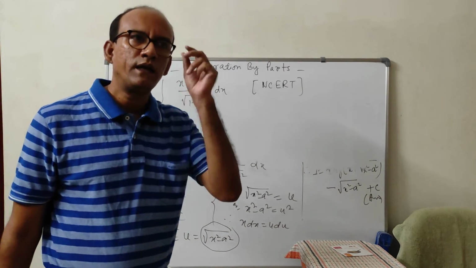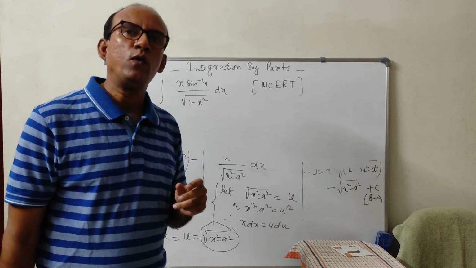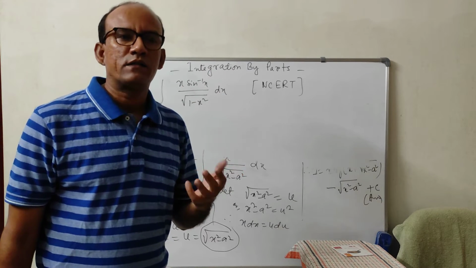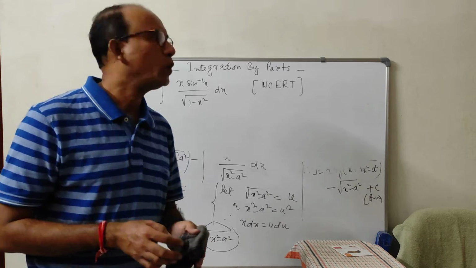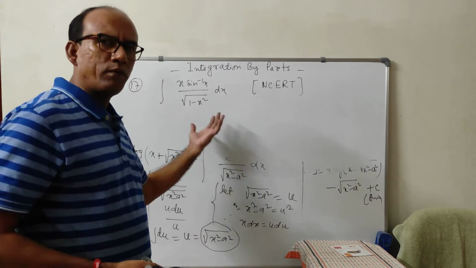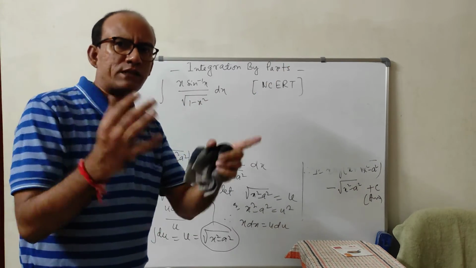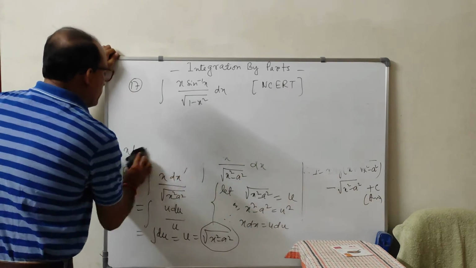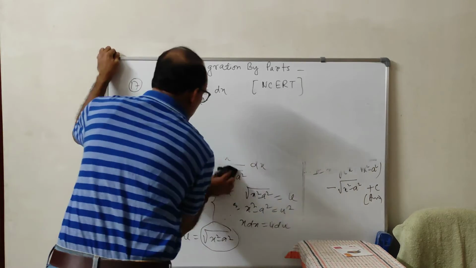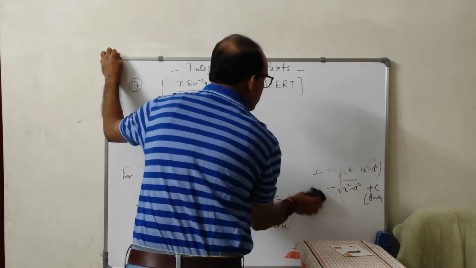Sometimes before using integration by parts rule, you may have to apply some substitutions to get the problem in smaller size. Okay. See what can we do with this problem.